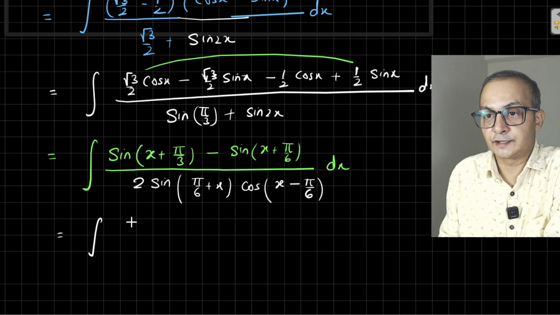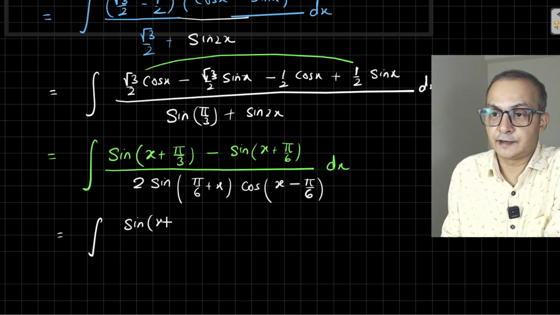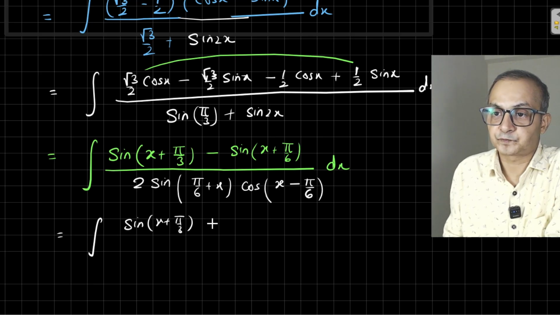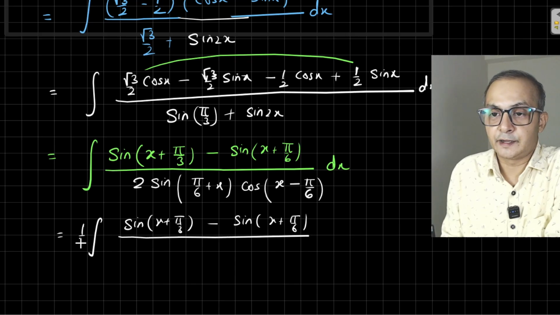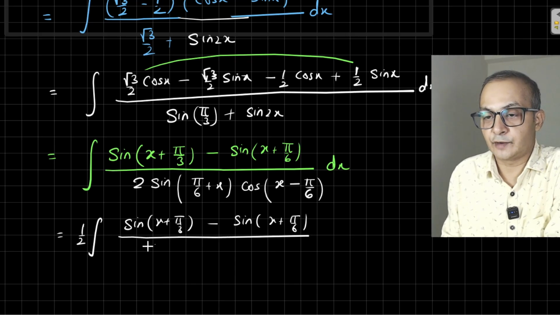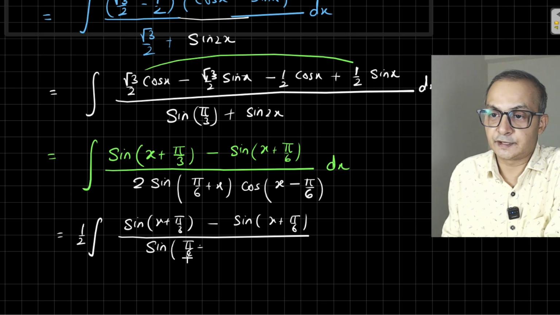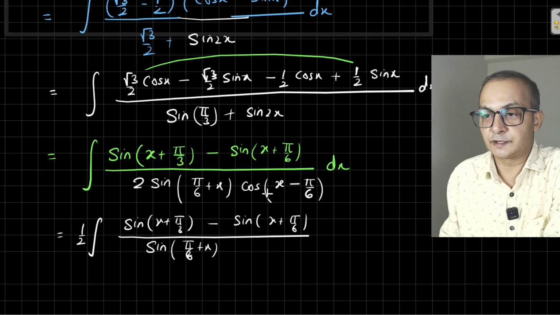So you can see I will write here sine of x plus pi by 3 minus sine of x plus pi by 6, and in the denominator I'm taking half out, and this cos I'm writing in a different way in terms of sine.